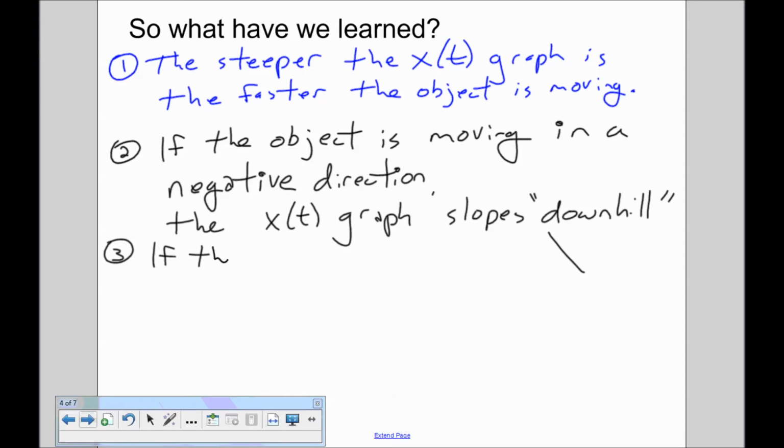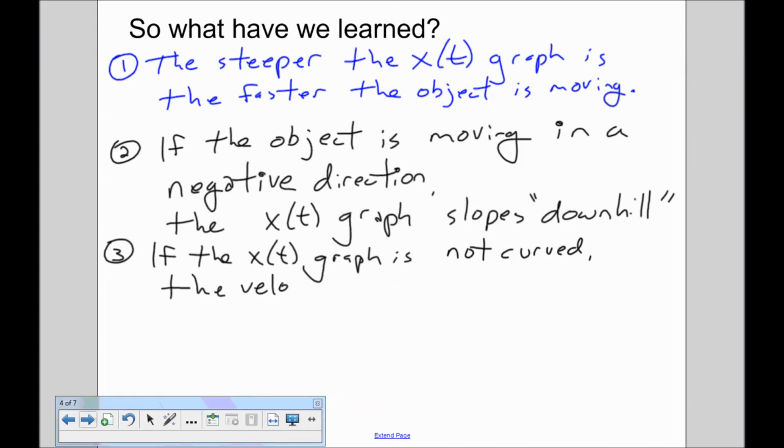So, the third thing that we're going to learn then is this. If the position time graph is a straight line, and by straight I don't mean horizontally, guys, I mean not curved. In fact, let's write that. If the position time graph is not curved, the velocity is constant. If it is curved, the velocity changes.